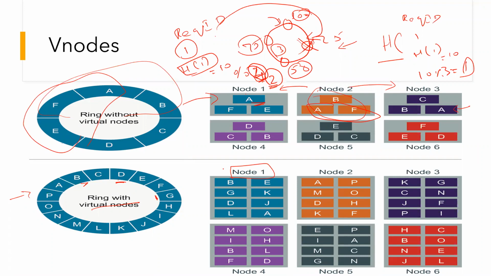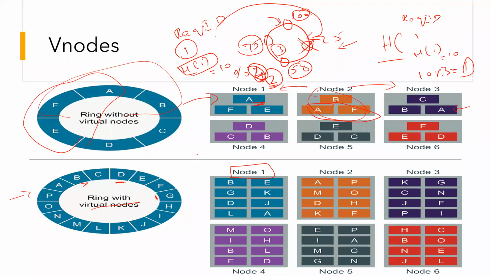Yes, node 1 is one server which will accept B. B is a range of hash function. Suppose, like he took an example, 0 to 25. In reality, the hash values will be of some hexadecimal form, where they'll take the last 4 bits of the hash function and then use that.